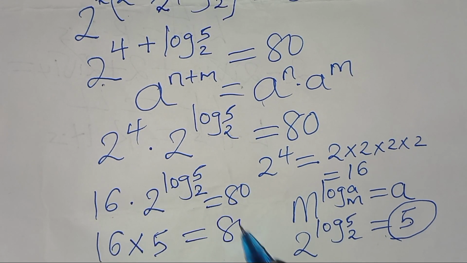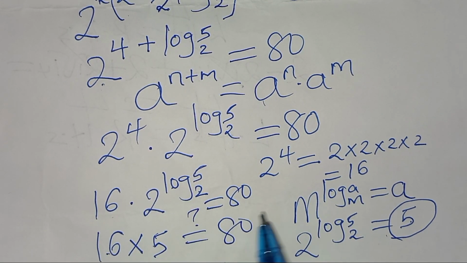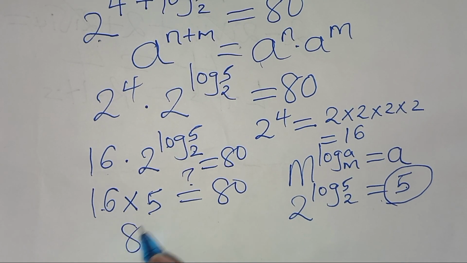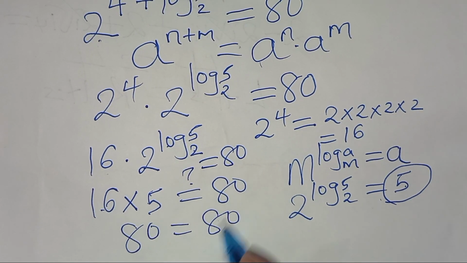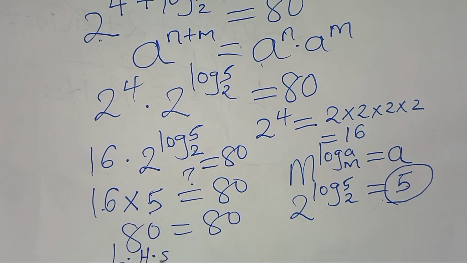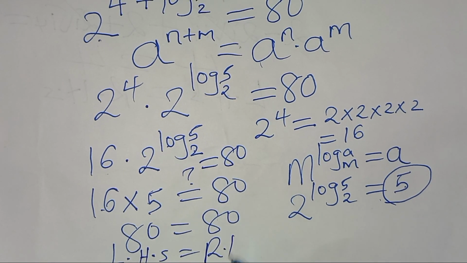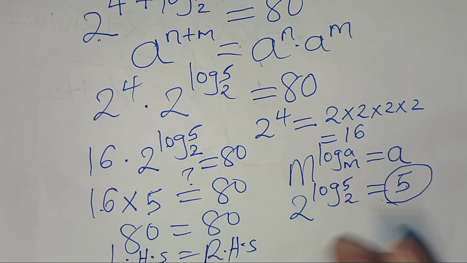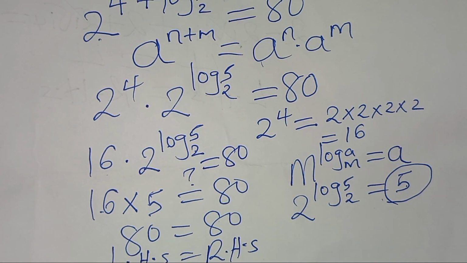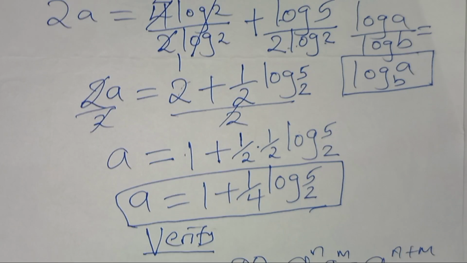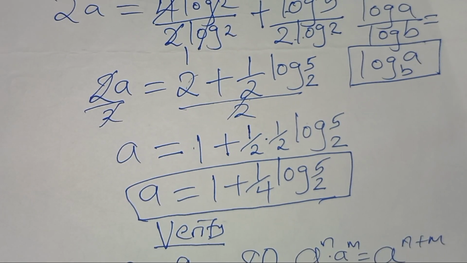This should give us a value of 80. So 16 times 5 is basically equal to 80. And that means that the left hand side is equal to the right hand side. And that affirms that the value of a, which is equal to 1 plus 1 over 4 log 5 to base 2, actually satisfies the equation.